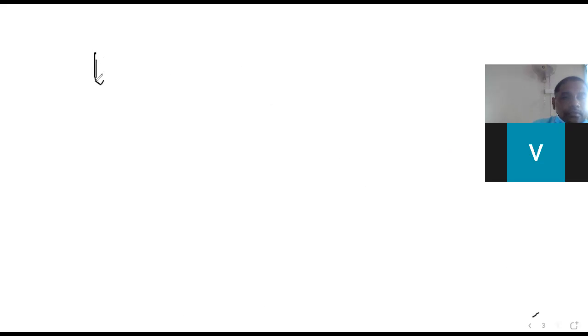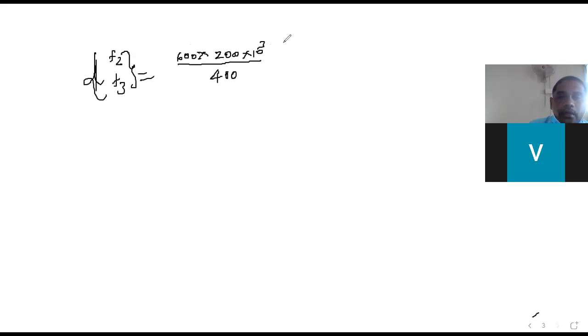So F2, F3 will be equal to 600 mm square multiplied by 200 into 10 power 3 Newton per mm square, divided by the total length, which is 400 mm, A2 E2 divided by L2.